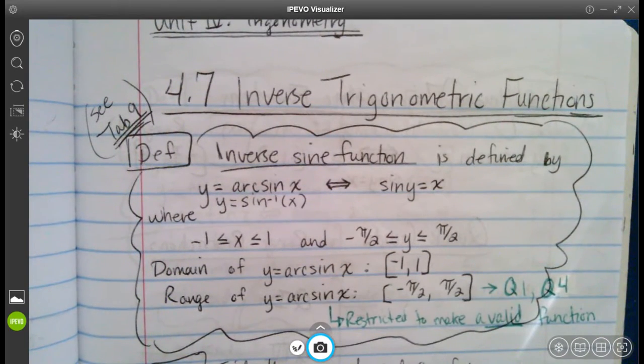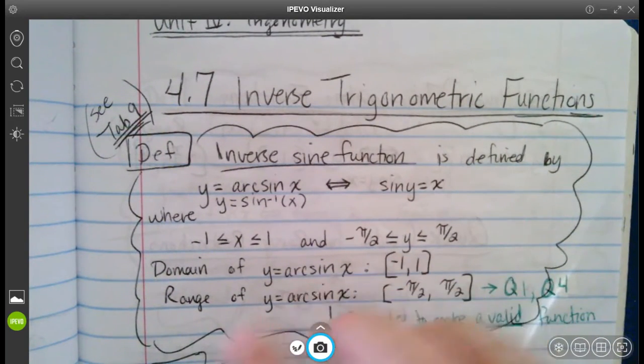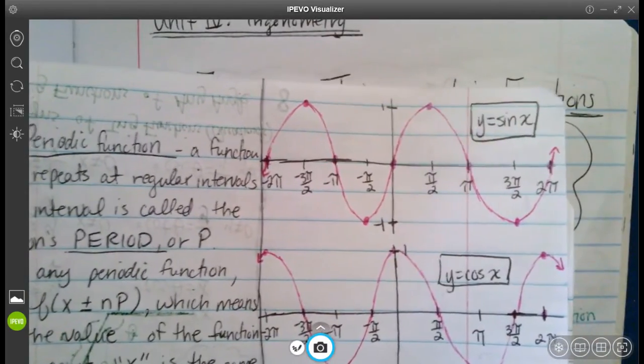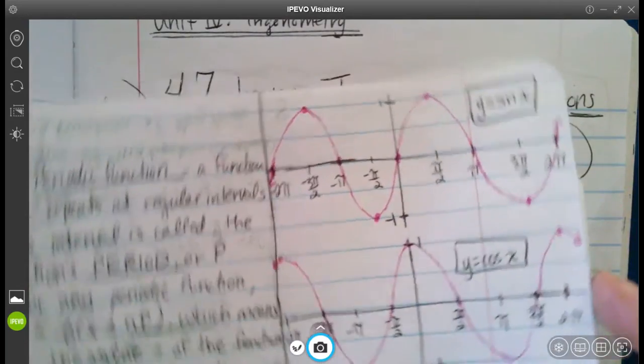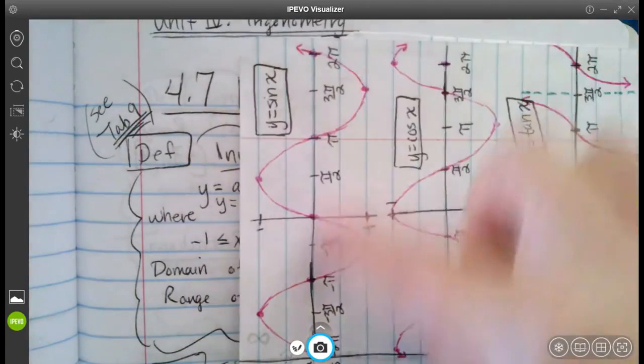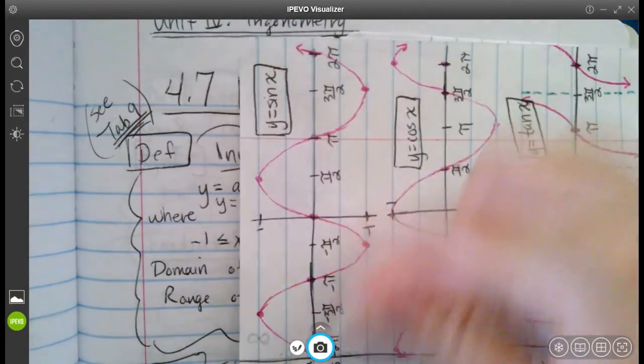The reason we have it restricted to this and not to the real numbers is because, let me just show you that part, if you took this sine function and tried to flip it diagonally, you would end up with something like that. And this is not a function. It would fail the vertical line test.